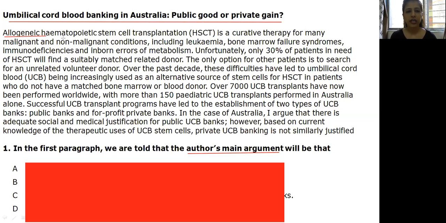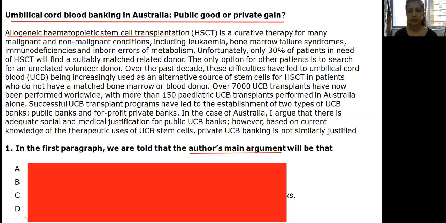So allogenic hemopoietic stem cell transplantation, that's a form of treatment. So it says here it is a curative therapy for many disease conditions. And then they have given examples, mainly the disease conditions related to blood or blood-borne disorders.